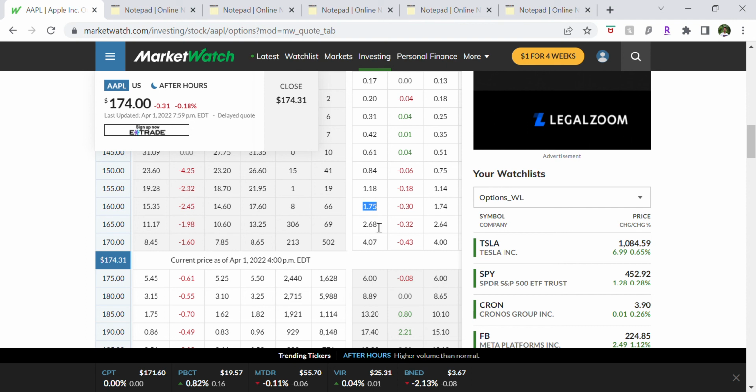So the difference will become 0.7. You sold something for 93, and now you're buying it back at 70, so you made a profit of $23. That is how it goes with a put credit spread.